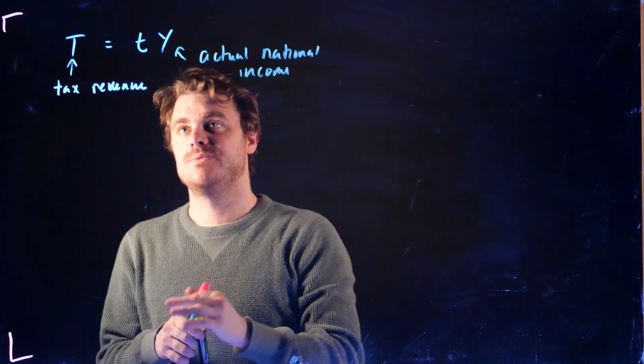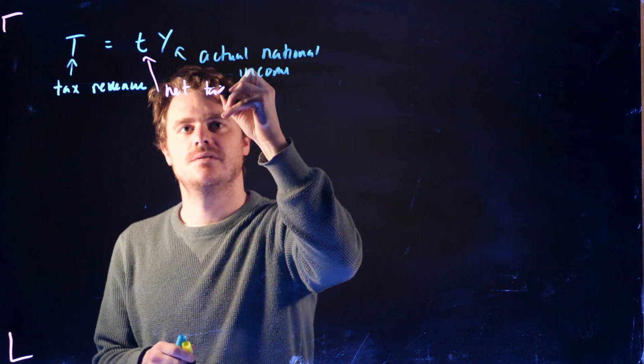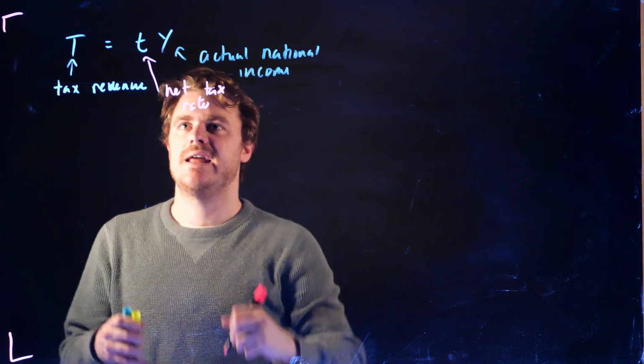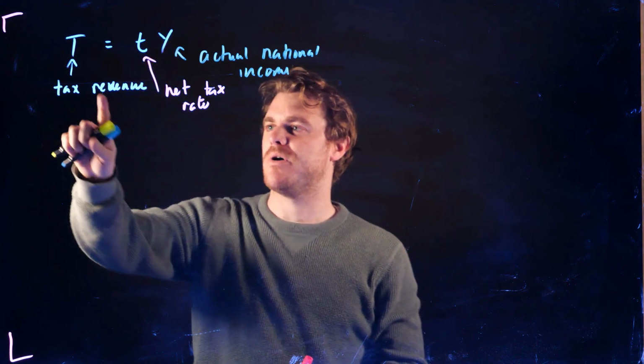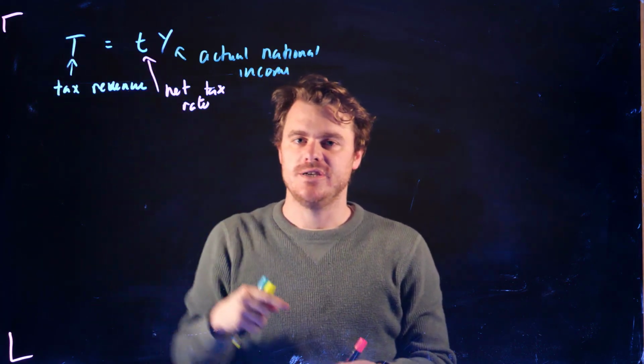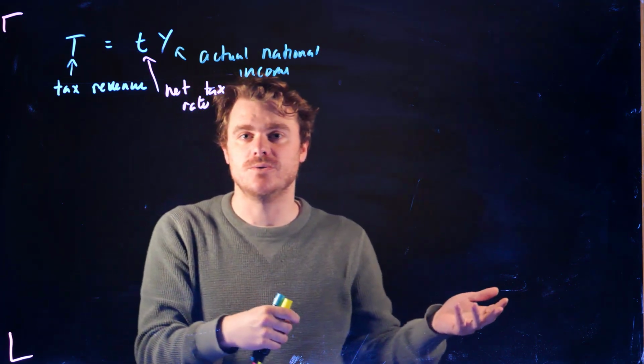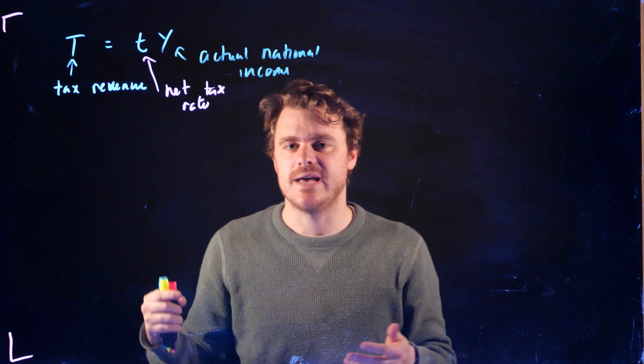And here, t is this net tax rate. So we see that as actual income goes up, our tax revenue is going to go up because we're taxing this constant percent of national income. So it might be like 0.2, for instance, which would be a 20% net tax rate.